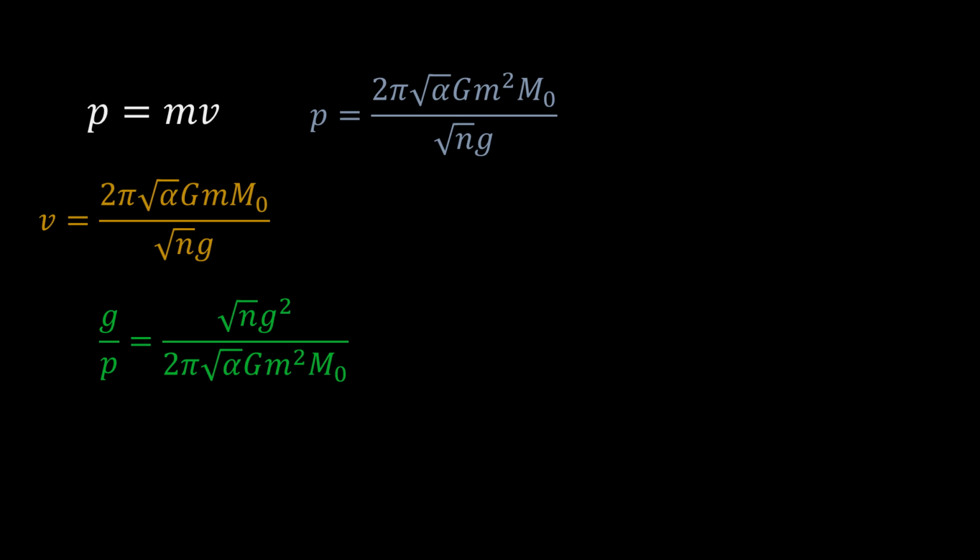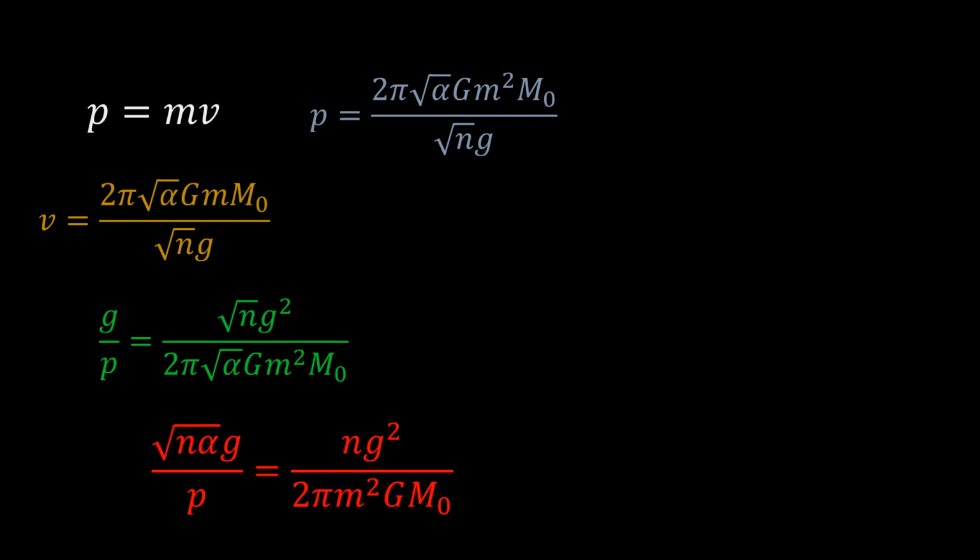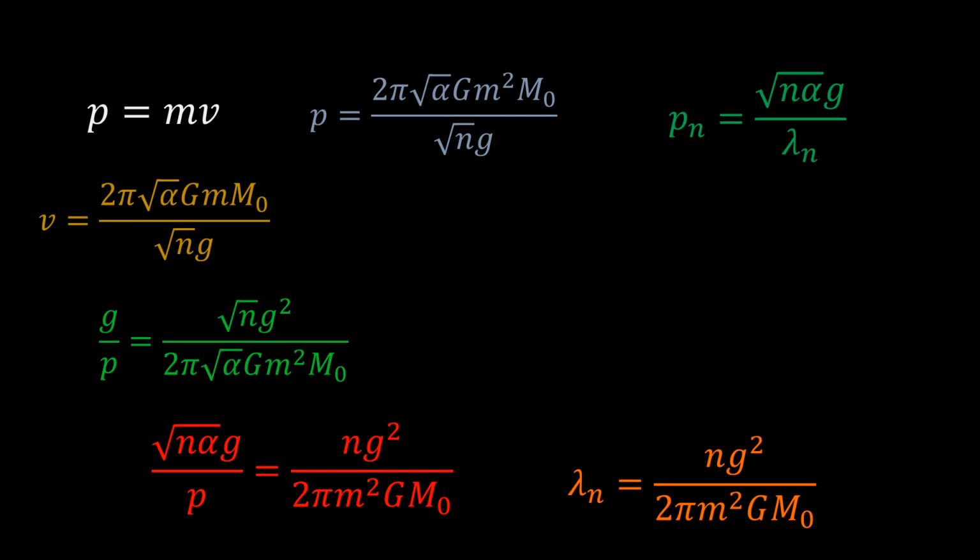Multiplying both sides of the equation by the square root of n alpha yields the following red expression. We see that the term on the right is equal to the wavelength of the planet, and therefore we can write p subscript n equal to square root of n alpha g on lambda, or lambda n equal to the square root of n alpha g on Pn.